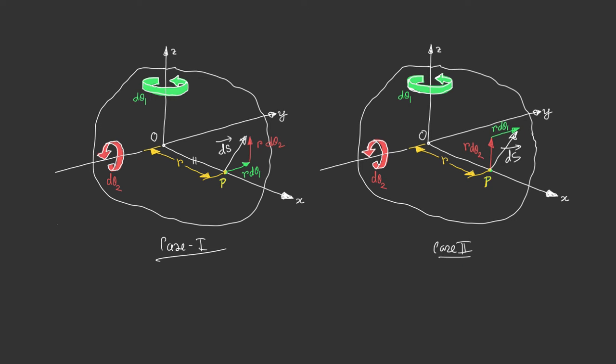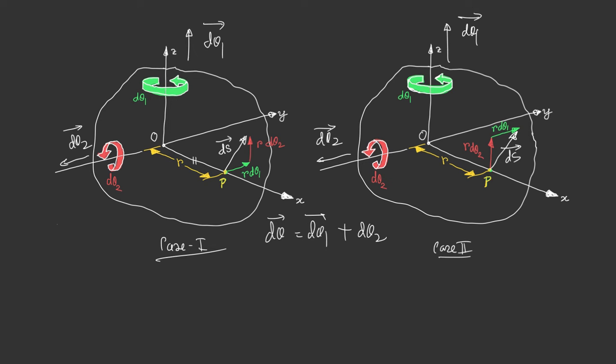So we can represent the infinitesimal angular displacements as vectors. Let's represent d theta 1 this way and d theta 2 this way. In the other case also, this is d theta 1 and this is d theta 2, and we can write d theta is equal to d theta 1 plus d theta 2.